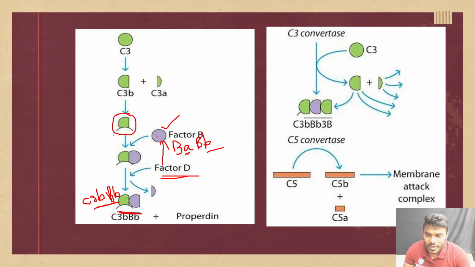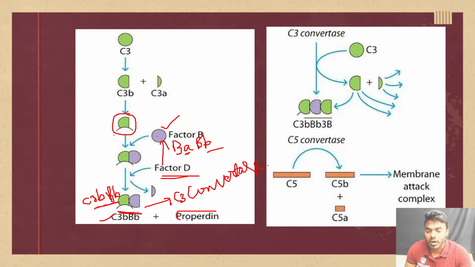Above the C3BB, I have written a bar, which means that it has enzymatic activity. It is acting like a C3 convertase. Listen, I'll explain once again. If this C3BB complex wants to be stable, it should always be associated with a molecule called properdin.